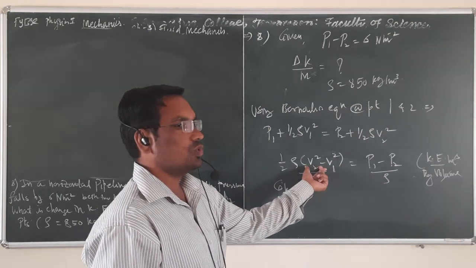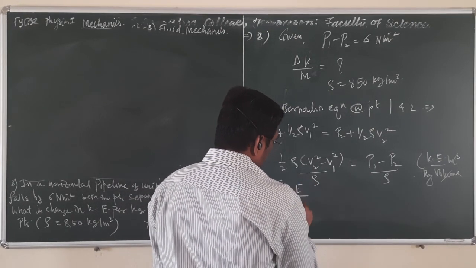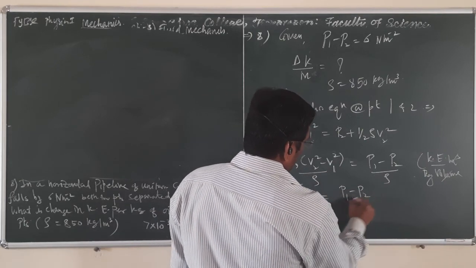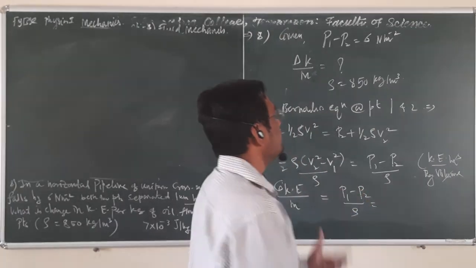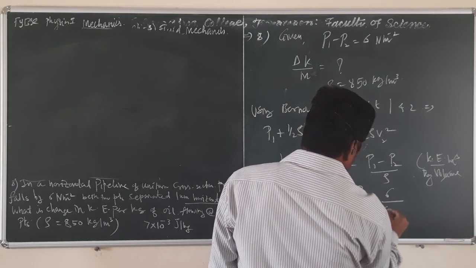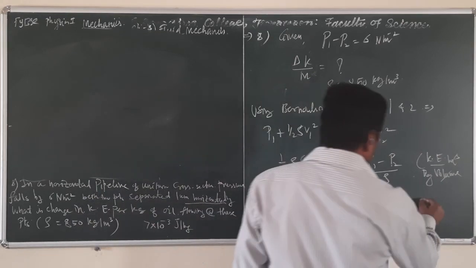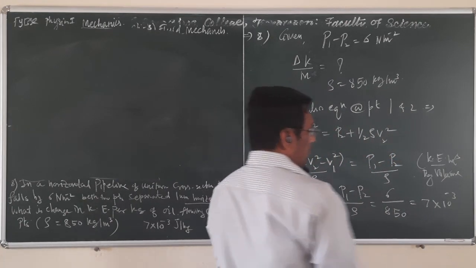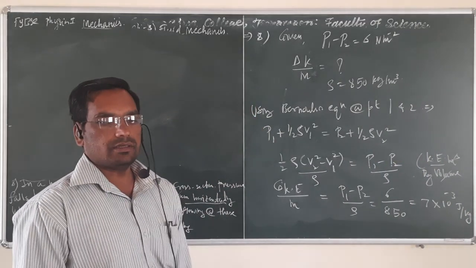The difference between these two is the change in kinetic energy. So delta K, the change in kinetic energy divided by mass, is equal to P1 minus P2 divided by rho. Using given values, all in MKS units, P1 minus P2 is 6 divided by rho, which is 850, and if you do the ratio, you will get 7 times 10 raised to minus 3. This is energy per unit mass, so joule per kg. This is your required answer.